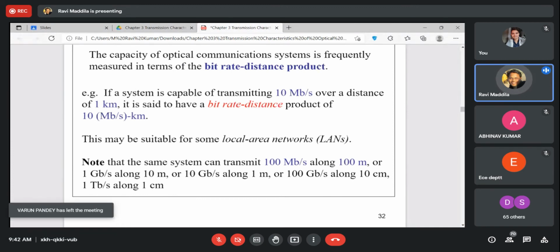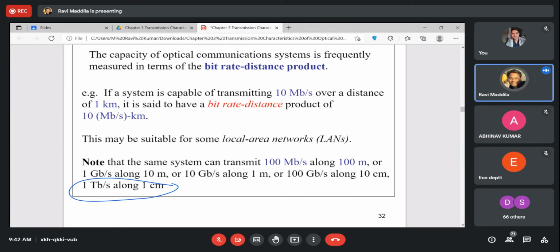So propagation of such a huge data rate for a distance of 1 centimeter may not be very efficient to look at from a communications point of view, but this also has a very important application when we consider that we want to have a network on a chip.